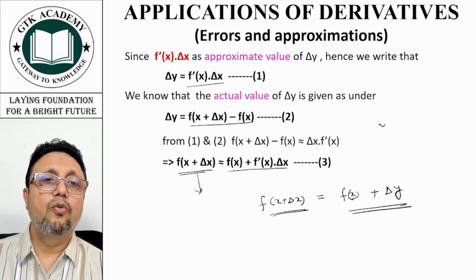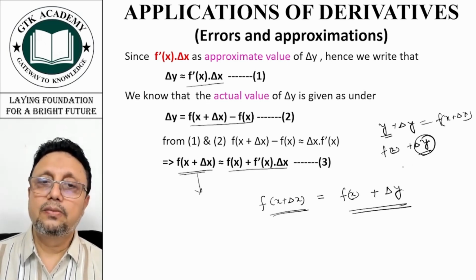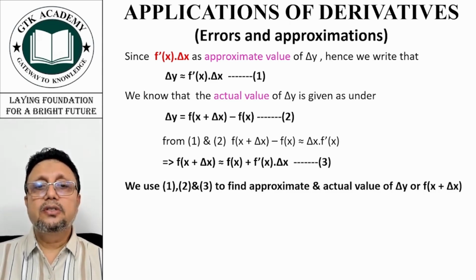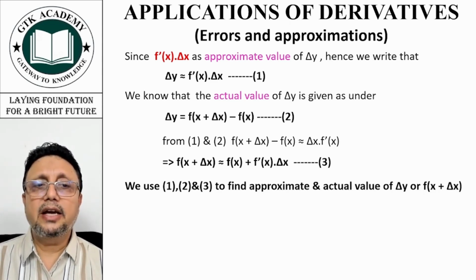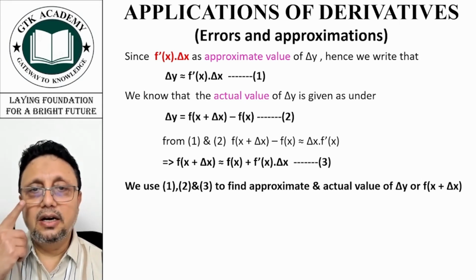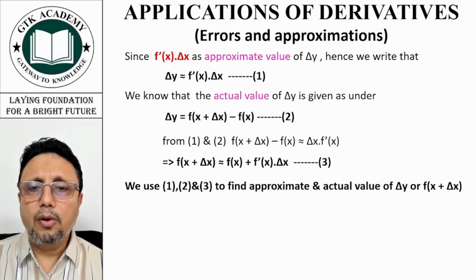Because we just said y + Δy is equal to f(x + Δx), so y is equal to f(x), plus the actual value of Δy. This is the actual value. So from these equations, we find the approximate and actual value of Δy or f(x + Δx), which will be more clear once we start doing problems.